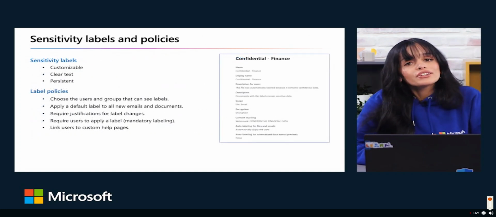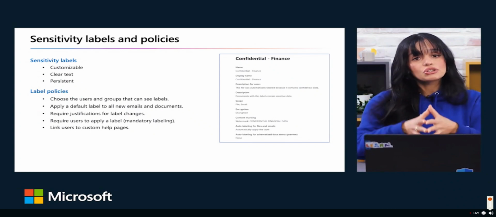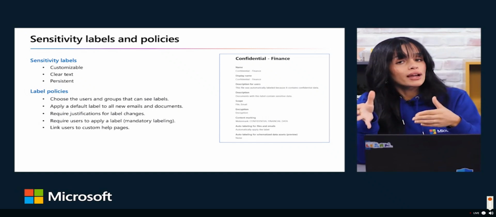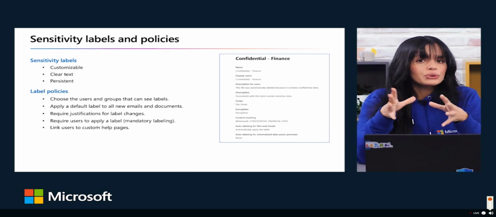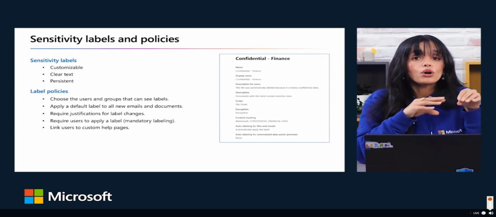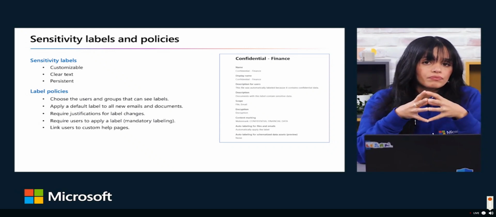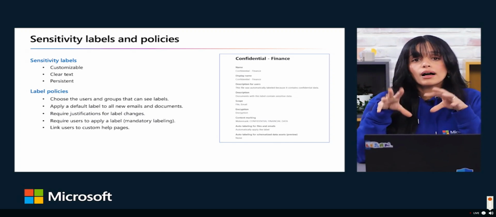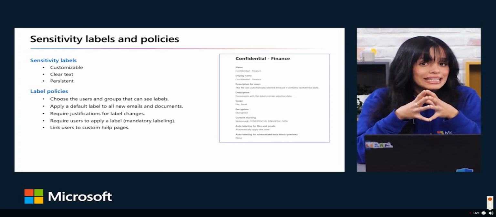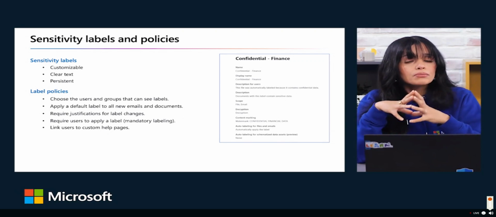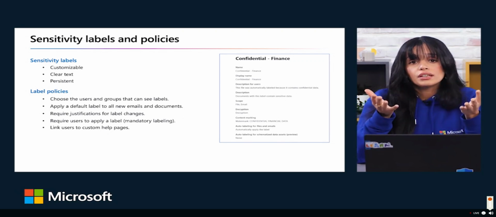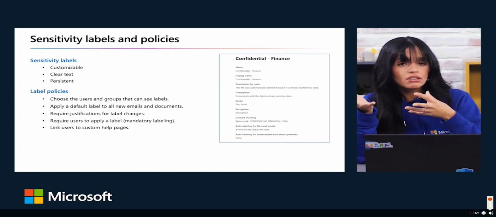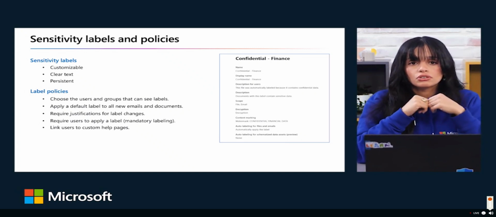Now, another way to protect your organization's data is through different labels and label policies. Inside the Microsoft Purview Compliance Portal, you can enable labeling of your documents or emails. You have full control over your labels and you can customize them to meet your organization's needs. Some of the most common ones I have seen are things like personal, public, confidential, or highly confidential.